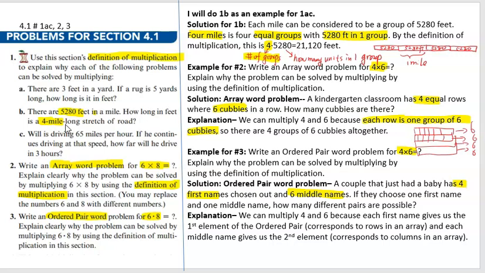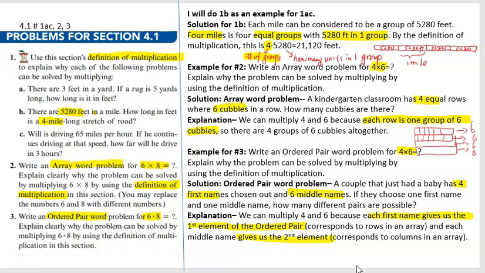Again, to help students understand why it's 4 times 6, not 4 plus 6, we could explain this way: each first name gives us the first element of the ordered pair, and each middle name gives us the second element. And if this still confuses students, you can draw a picture.